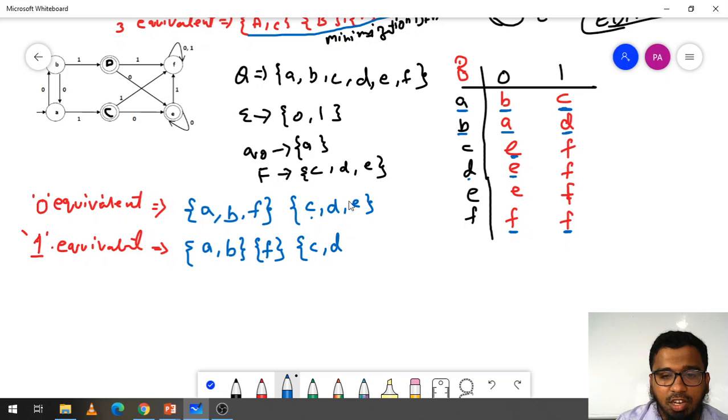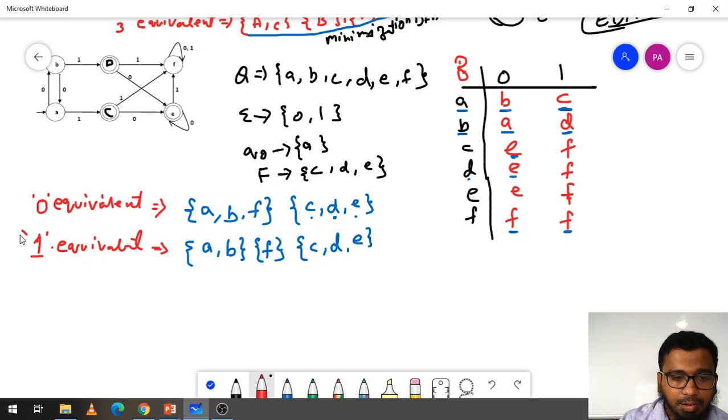Next, you can take any one, E with D or E with C. I will take D and E. D on 0 is E, E on 0 is E. Both are the same, fine. D on 1 is F, E on 1 is F. So C, D, E, these three are all one equivalent.